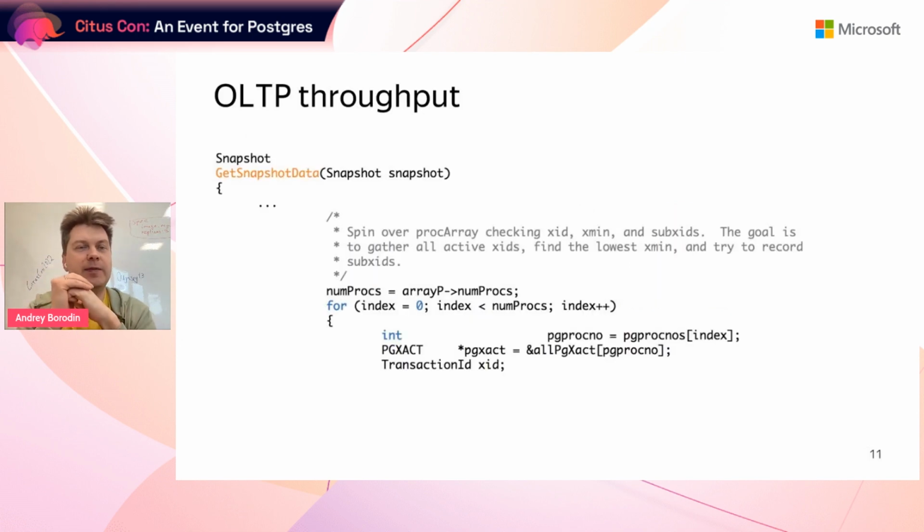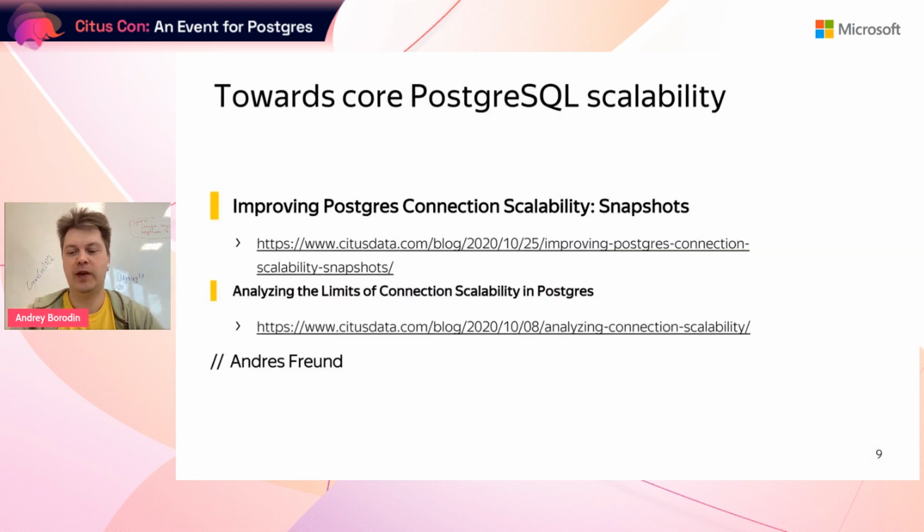It maintains a snapshot, and many snapshot operations depend on linear scans through the proc array, which has an entry for each connection to the database. That's why we want to keep the number of connections to the database as small as possible, while the actual number of connections can be quite big.